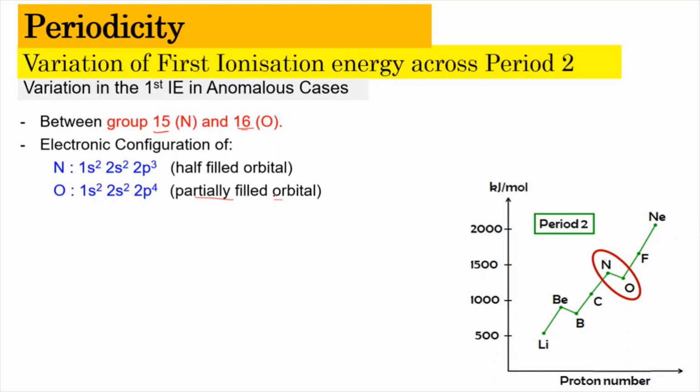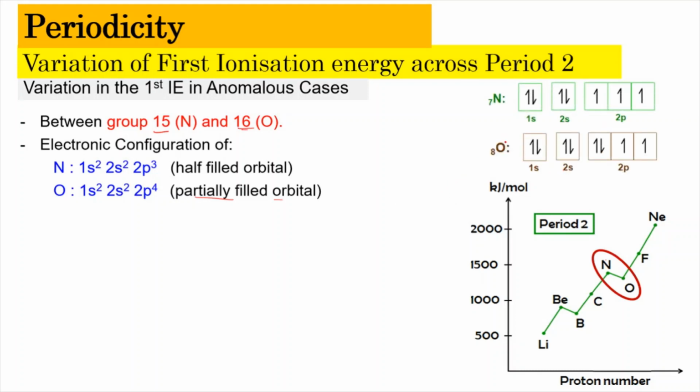Okay, so in order to look more closely at half-filled and partially filled orbitals, it is better to draw the orbital diagram. As you can see in nitrogen, the 2p orbital is half-filled.